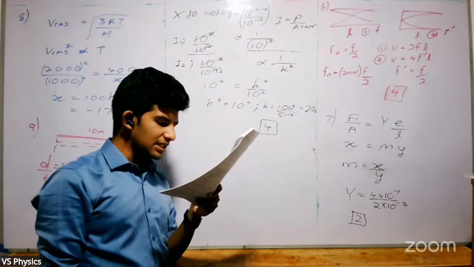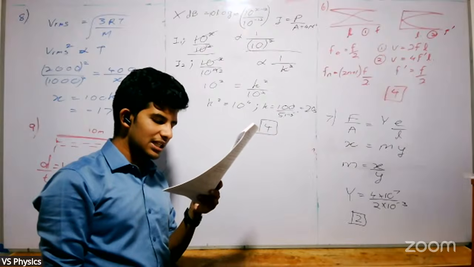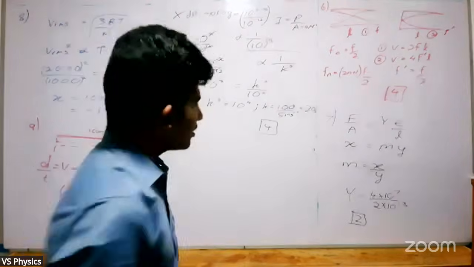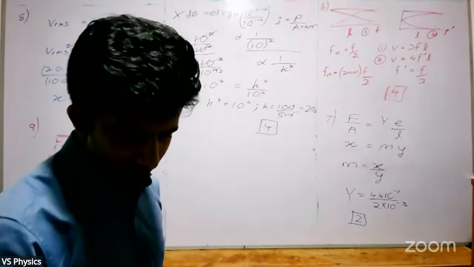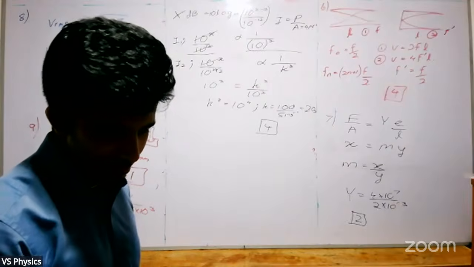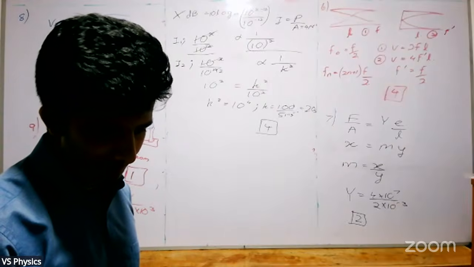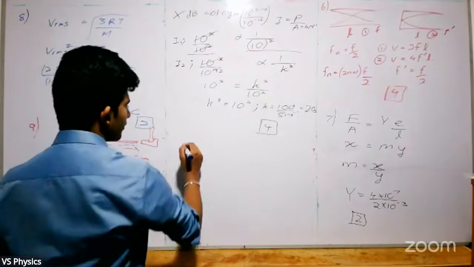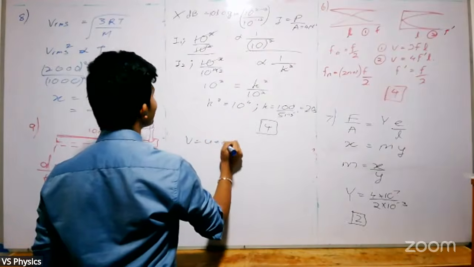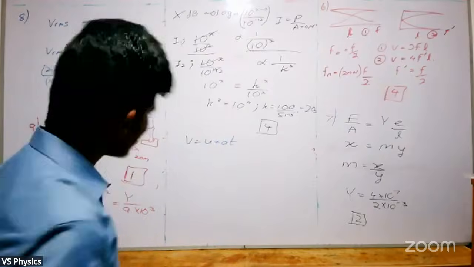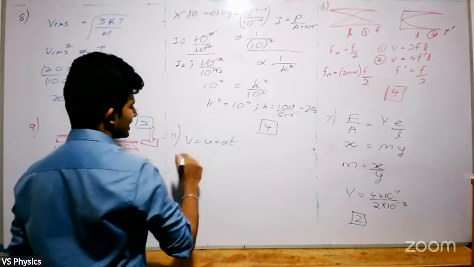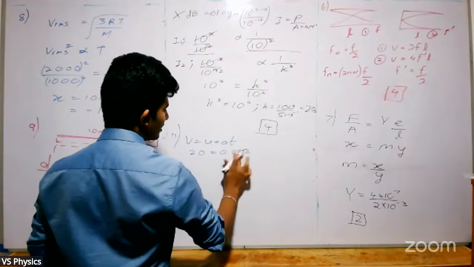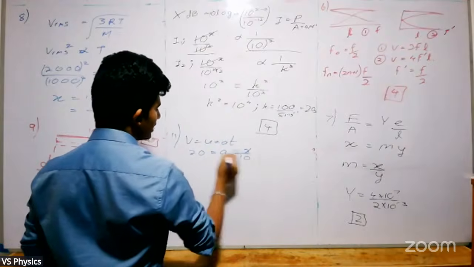When a person sneezes, the gaseous system mixed with 4 grams of water is accelerated from rest to 20 meters per second. What is the force? Over 20 meters, v equals u plus at. v equals 20, find the acceleration. Time is 0.2 seconds.